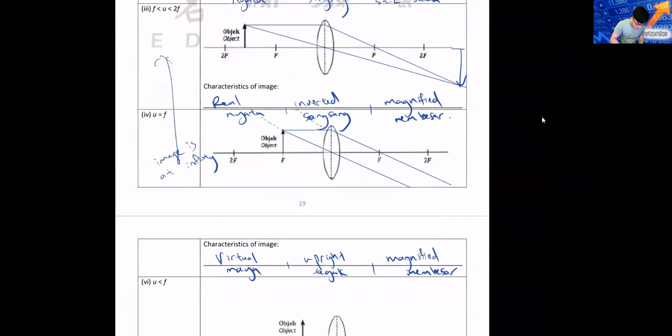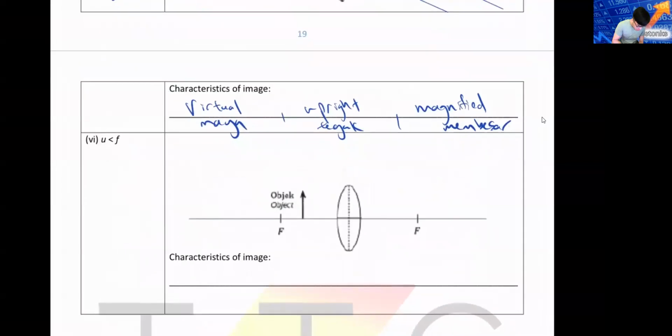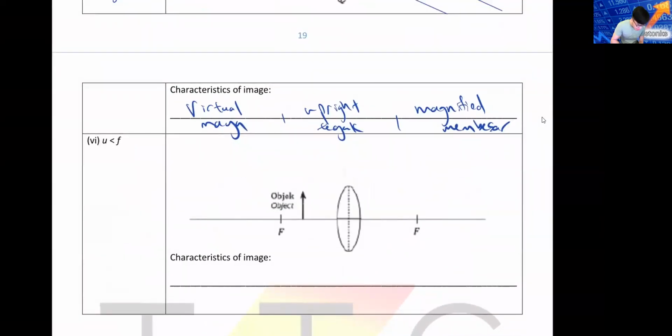All right, last but not least, object in front of F. So first line goes through your O. Second line goes through F. The 2 lines didn't meet, so you can just extend your straight line here.